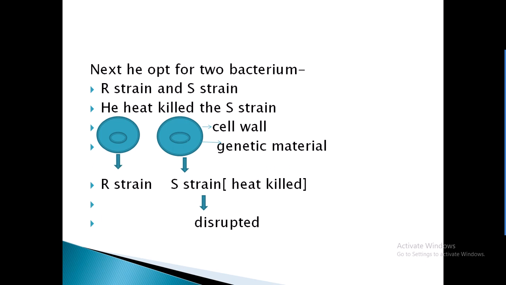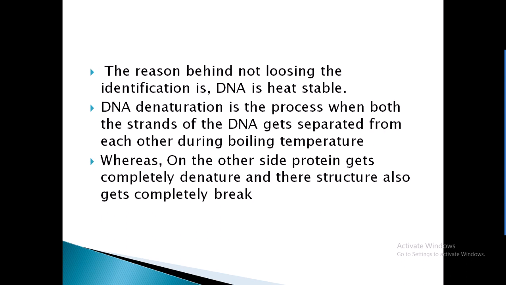When we heat-kill S strain, it will get completely disrupted. As you know, DNA is heat stable. It means at boiling temperature, DNA does not lose its identity, but only its two strands get separated, and this process is called DNA denaturation. Whereas on the other side, protein gets completely destroyed at boiling temperature, and its structure also breaks.